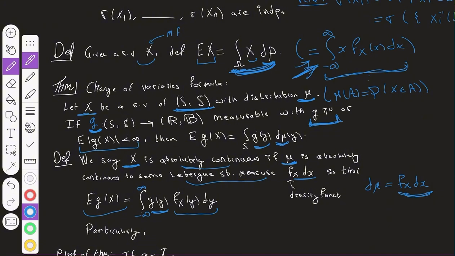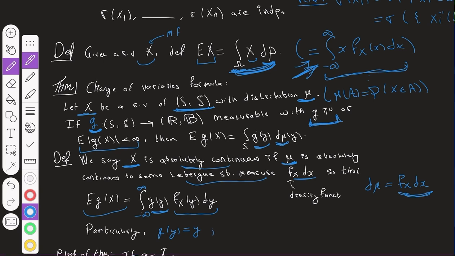This is how we get the expected value of a function of random variables, particularly when g of y is just y, the linear function.